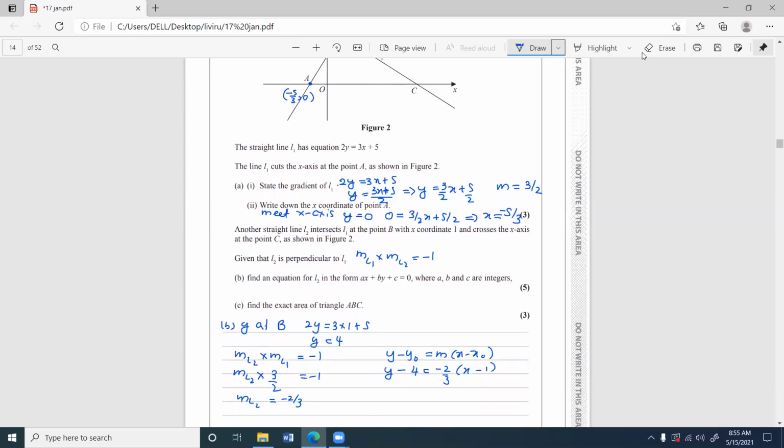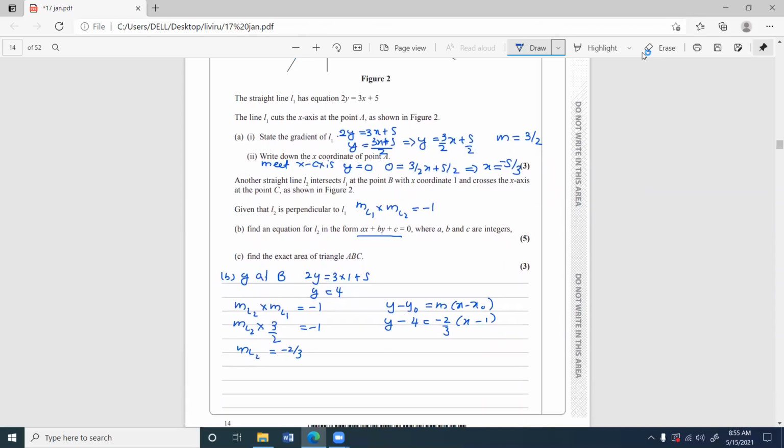If you simplify this, we need the answer in this format, so I multiply by 3 to make it with integers. So you can say 3y minus 12 equals minus 2x plus 2. If you go to the other side, 3y plus 2x minus 14 equals 0, right?